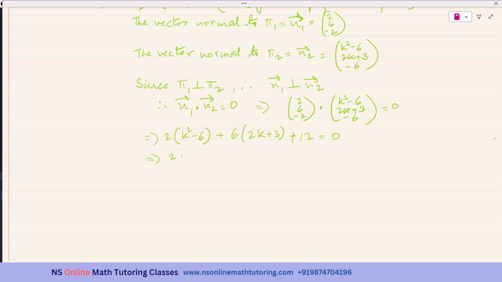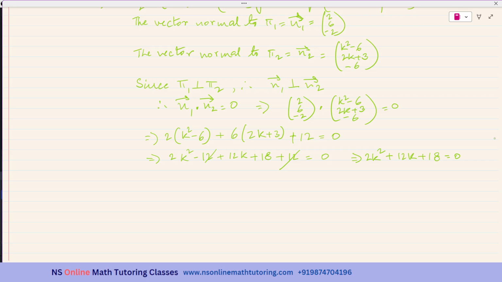So, 2k square minus 12 plus 12k plus 18 plus 12 equal to 0. And this plus 12 and this minus 12 cancel and we have 2k square plus 12k plus 18 equal to 0.